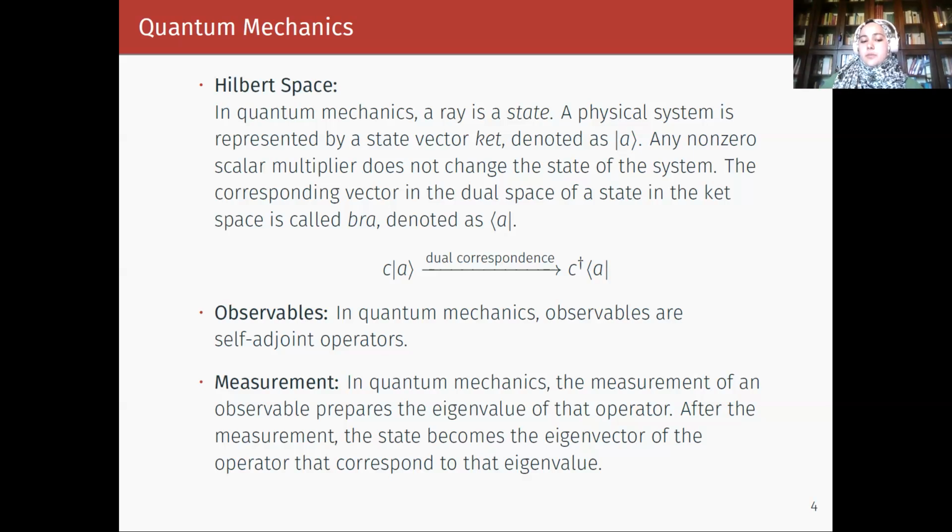Observables are self-adjoint operators, and when I apply my operator to the state, I get an eigenvalue and eigenvector, which means the measurement of an observable produces an eigenvalue of that operator. And after the measurement, the state becomes the eigenvector that corresponds to the eigenvalue that we get.